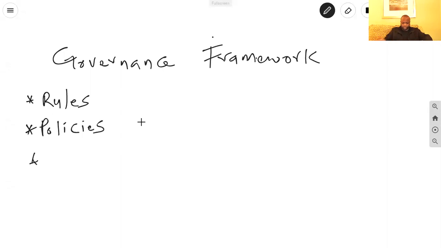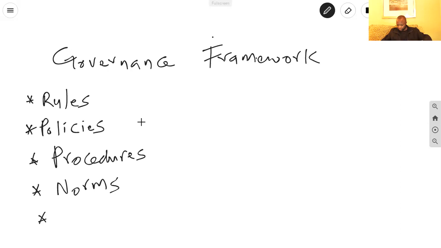People need to be aware of those policies. Procedures, things that you need to follow to the letter. Norms. What do we consider to be normal? What is typical in this organization? Relationships. This could be external relationships, internal relationships to the firm. These are all part of what makes up this framework.